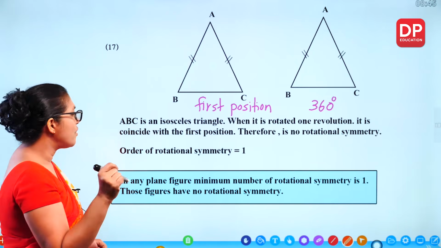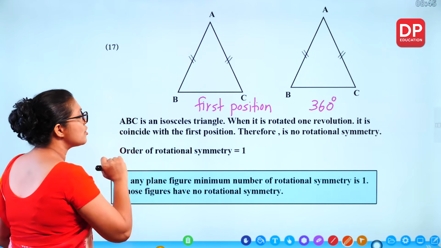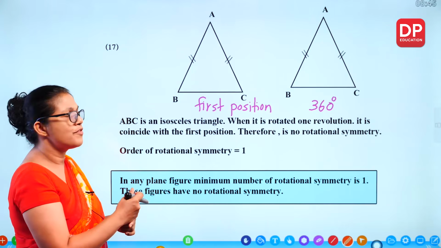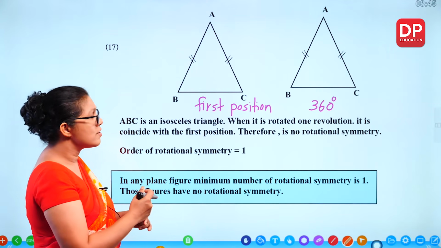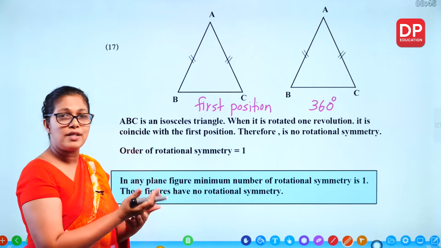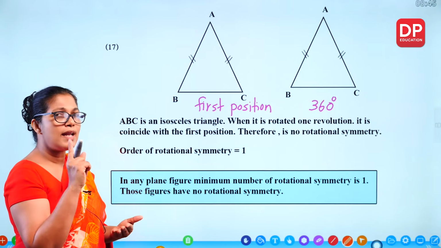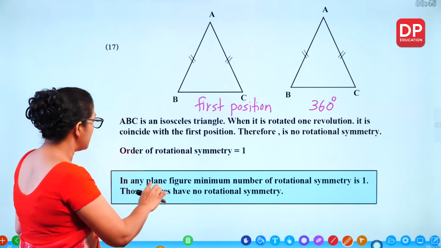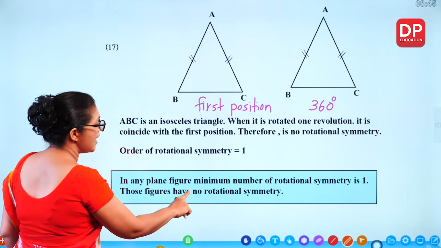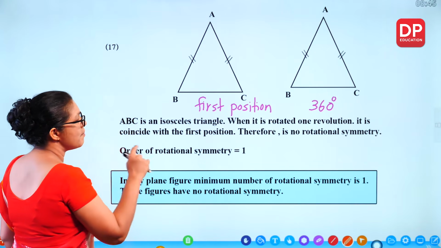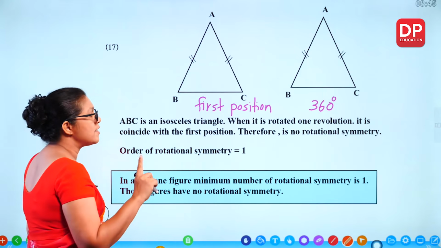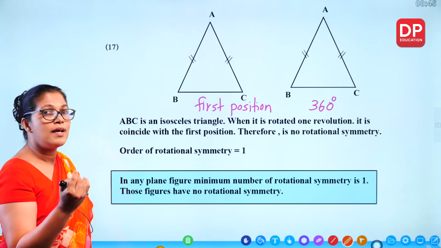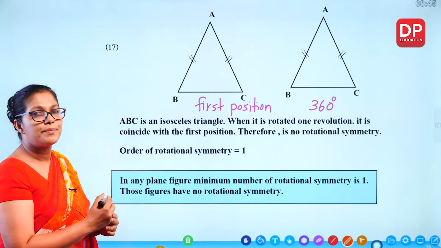When the order is equal to 1, we say there is no rotational symmetry in this figure, because every figure, when you rotate 360, gets a minimum of 1. But for those figures, we say no rotational symmetry because it's 1. If it's more than 1, we say those figures have rotational symmetry.